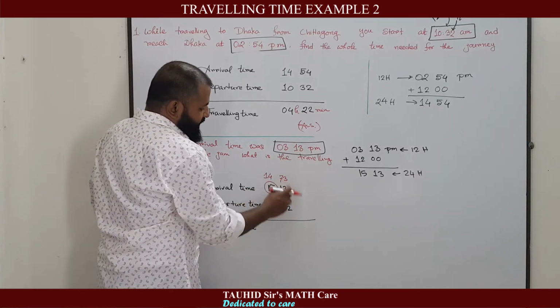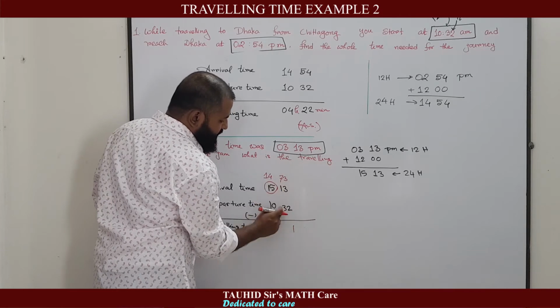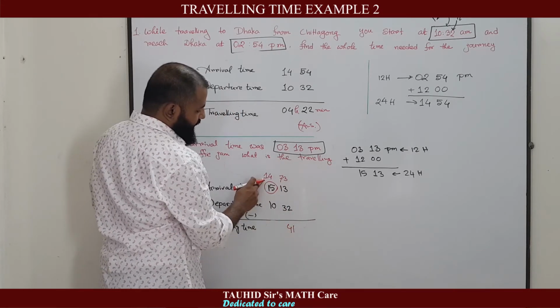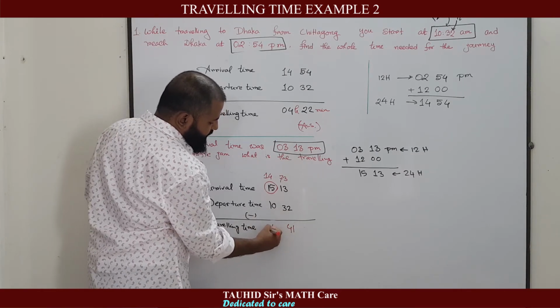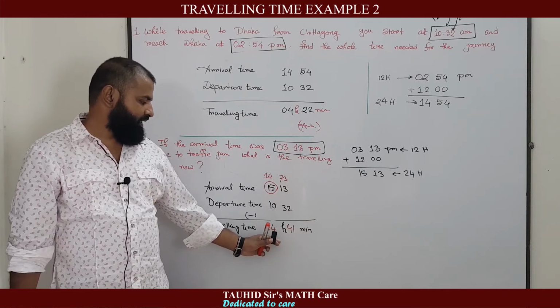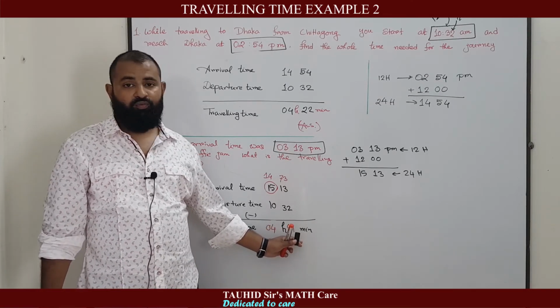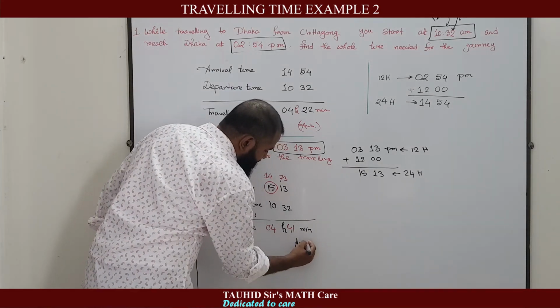Now 73 minus 32: 3 minus 2 is 1, 7 minus 3 is 4, and 14 minus 10 is 4. Therefore, the traveling time in this case is 4 hours and 41 minutes. This is our answer to the second question.